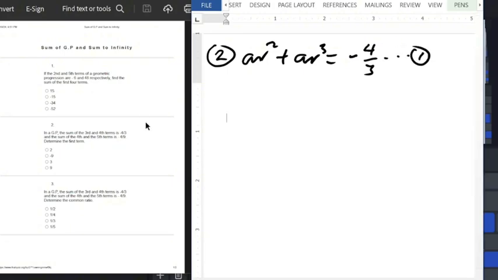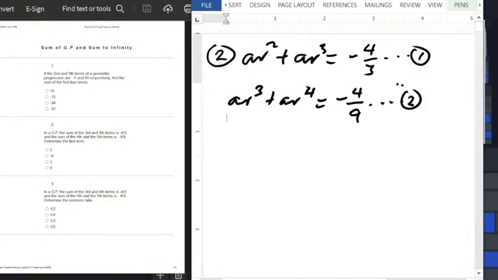Then the sum of the fourth and fifth, that is AR raised to power 3 plus AR raised to power 4 equals minus 4 over 9. So equation 2. We are now asked to determine the first term.